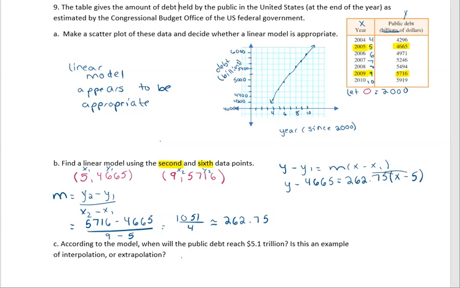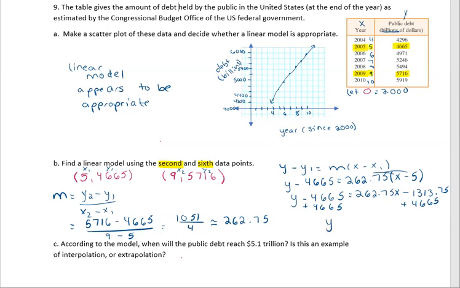We can distribute, so we'll have y minus 4,665 equals 262.75x, and then minus 262.75 times 5, which is 1,313.75. We need to get y by itself. So in order to get y by itself, we need to add 4,665 to both sides.